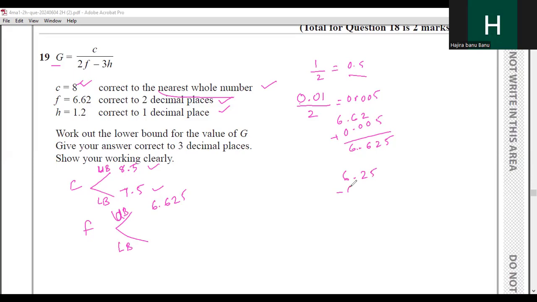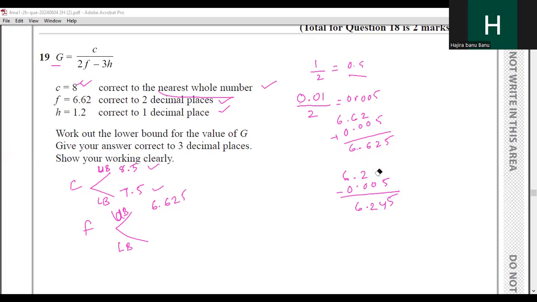6.62 minus 0.005. Hold on, this is wrong.